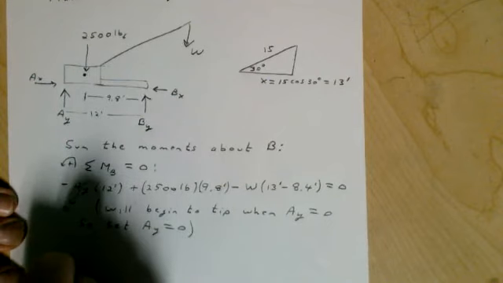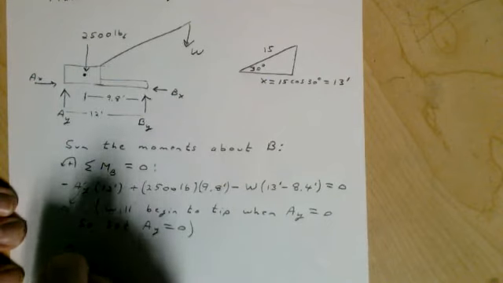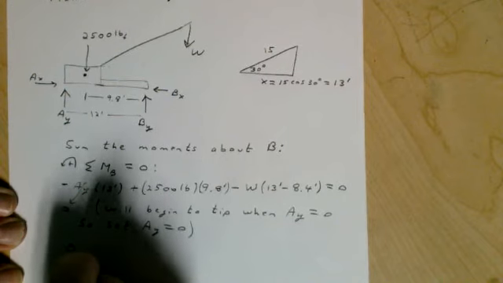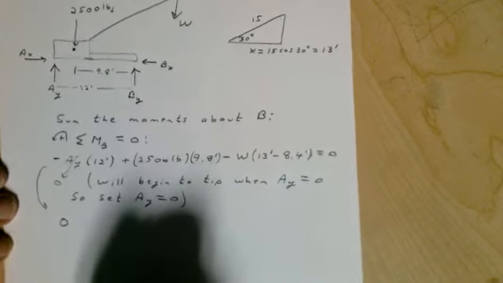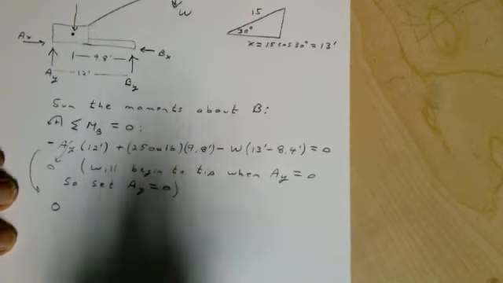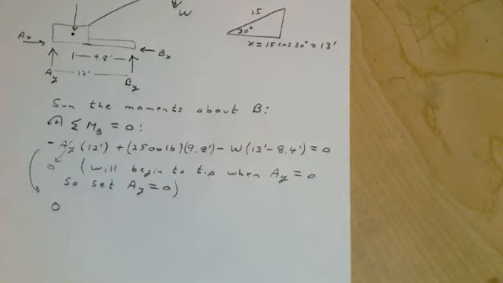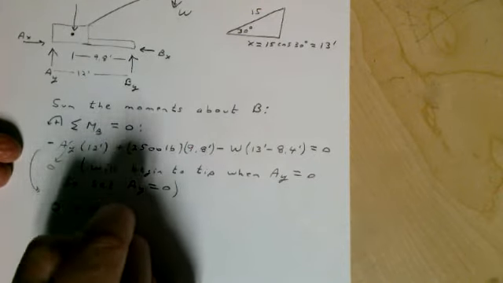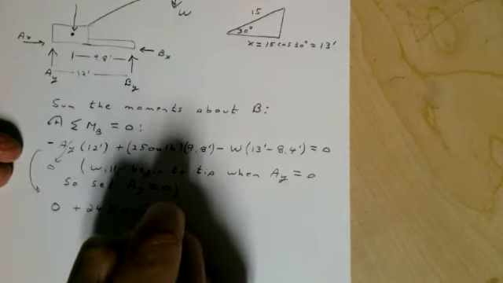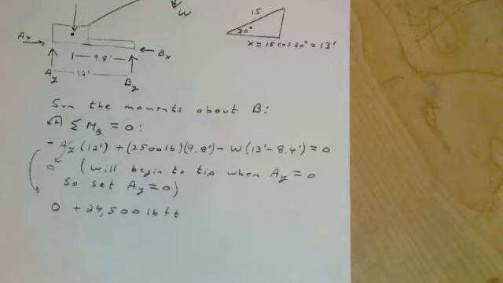So again, let me rewrite this. We'll have 0 now for this over here. What I'm doing is continuing this down here. That's 0. Then 2,500 times 9.8, and then over here, 13 minus 8.4.